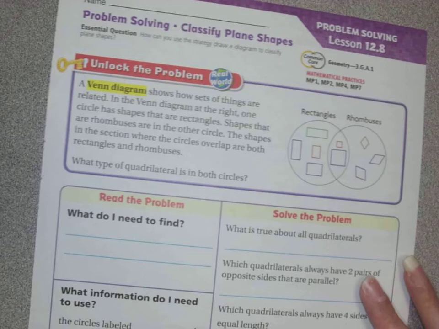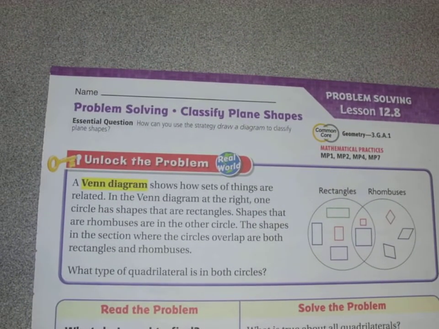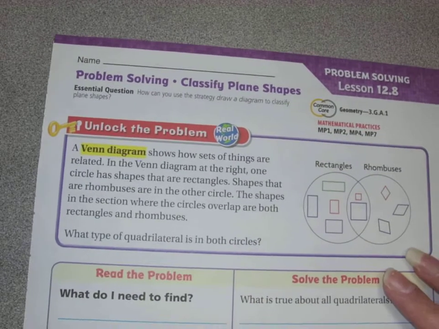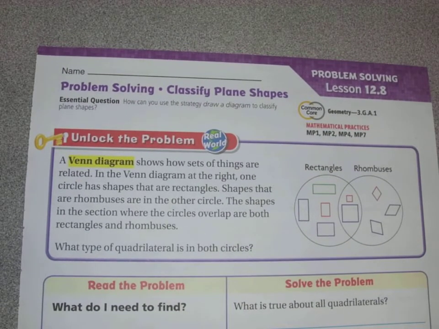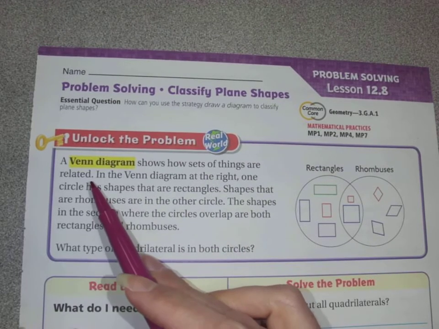All right, so let's get started. We are using a Venn diagram today to help us with our strategy in order to classify these plane shapes that you've been learning. A Venn diagram shows how sets of things are related, okay?